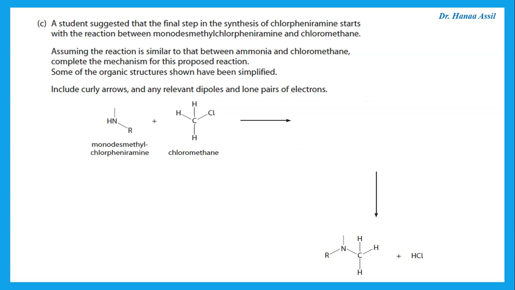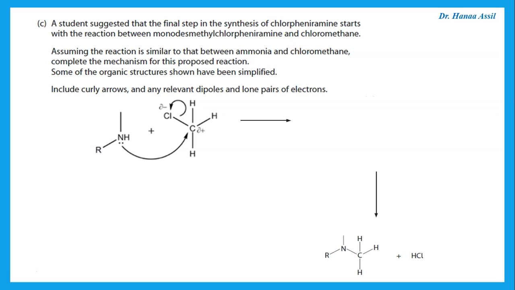A student suggested that the final step in the synthesis of this compound starts with the reaction between these two initial compounds given. Assuming the reaction is similar to that between ammonia and chloromethane, complete the mechanism for this proposed reaction. So we have basically an amine and we're reacting it with chloromethane. How does this reaction proceed?